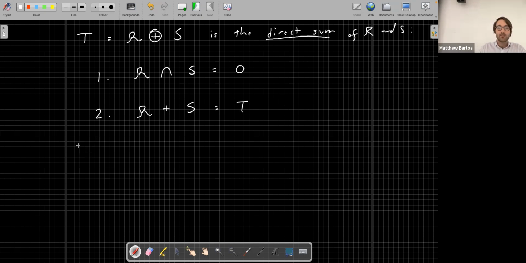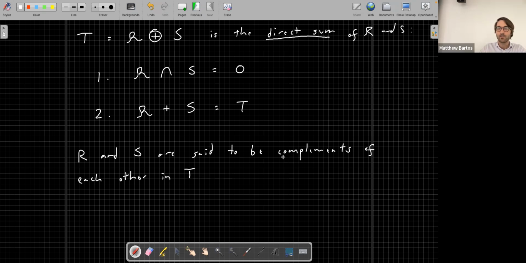Okay, so in this case, R and S are said to be complements of each other in T. So to recap, R and S are said to be complements of one another in T if there are no shared vectors between R and S, and if you can reconstruct any vector in T uniquely as a combination of vectors in R and S. Okay, and I will write that down because it's important.